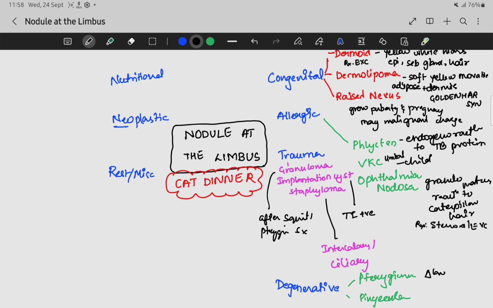The cystic type of pterygium appears as a nodule at the limbus. Then pinguecula is a yellowish patch on the nasal side of limbus, which occurs in the elderly people, and it is a degeneration of subconjunctival tissue.